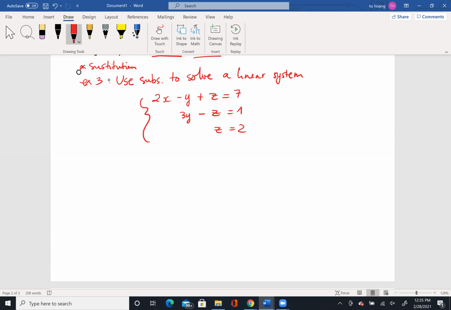So in here, note that the third equation, z equal to 2, has the variable z isolated already.